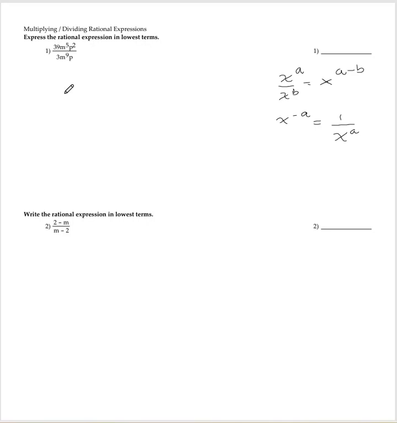When we take 39 over 3, we know that 39 is 3 times 13, and we have 3 here below. So we will simplify the 3, and we will get 13.